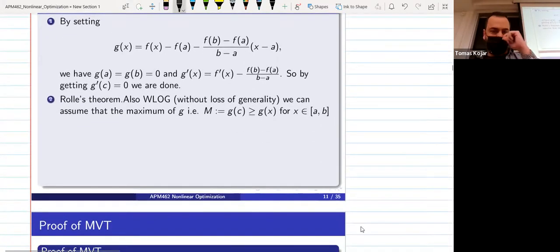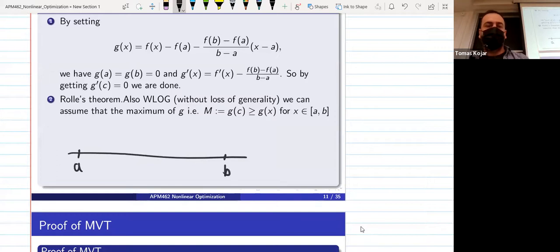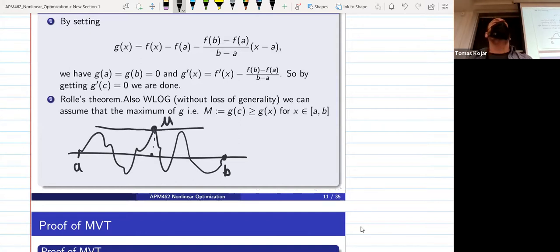So here's the picture. Here's a, and here's b. We can assume that there's an interior point where the function attains a global maximum over here. Let me explain why.